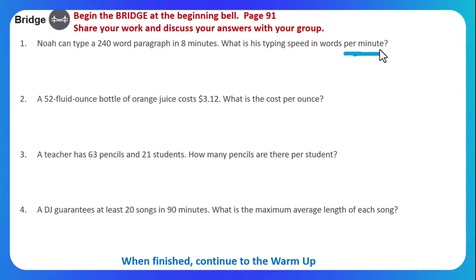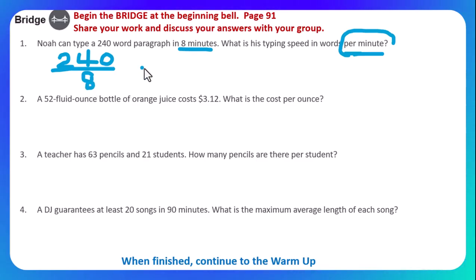Okay, so I'm going to be dividing by the amount of minutes that I have. Okay, we've got 240 words, so I'm going to put 240 on top. And I'm going to divide by the unit, and our unit is minutes. So 240 divided by 8. And we'll get our answer, and that'll tell us how many words he can type per minute.